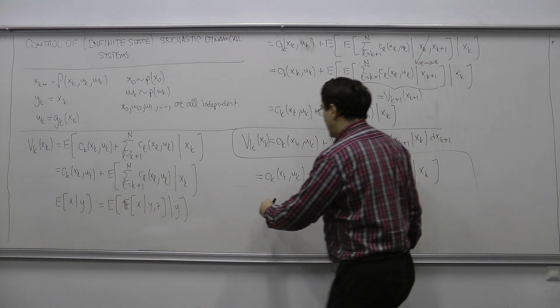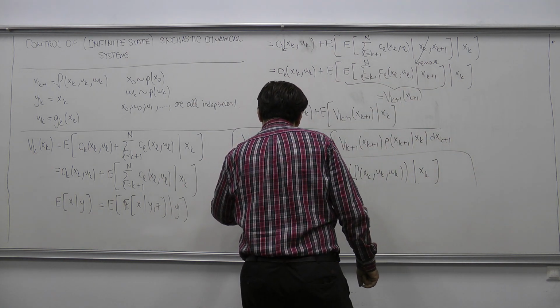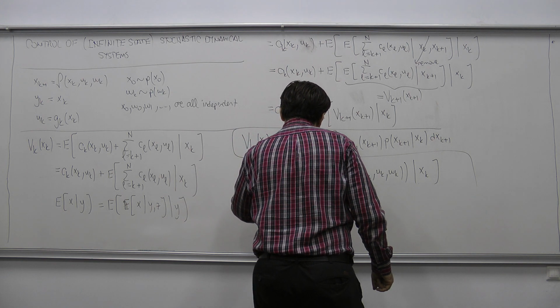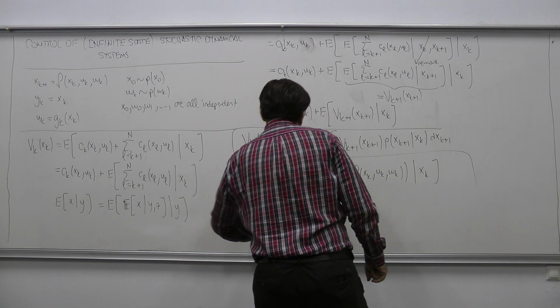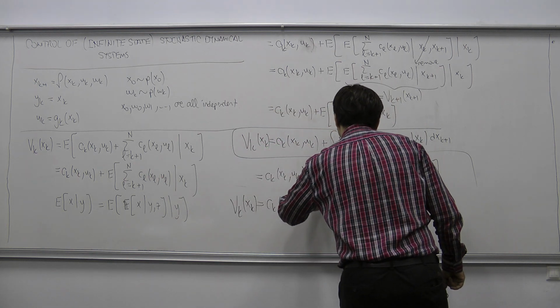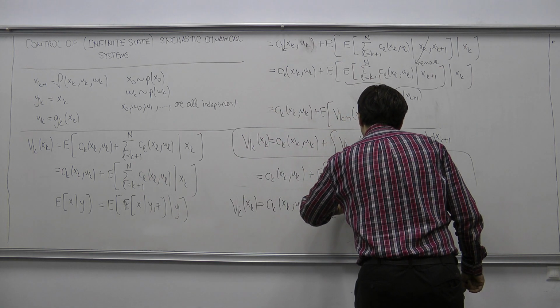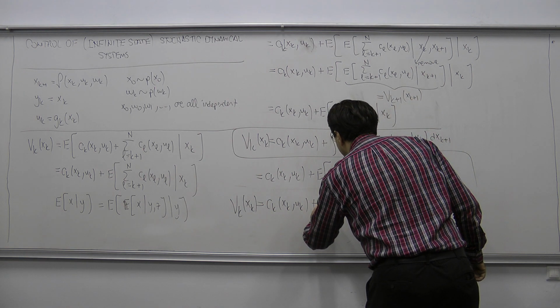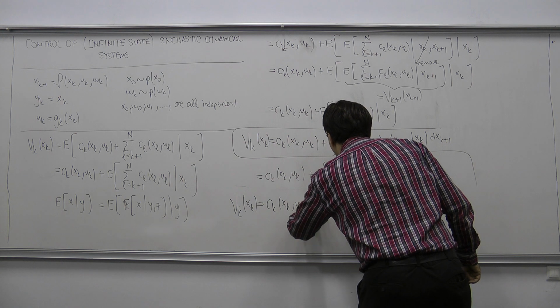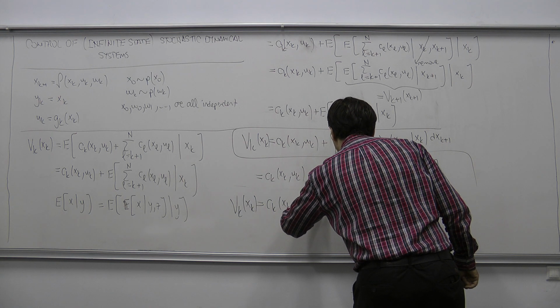This is going to give us our final formula: v_k(x_k) is equal to c_k(x_k, u_k) plus the expected value of v_{k+1}(f(x_k, u_k, w_k)). In this case, this expectation has to be taken only with respect to w_k.